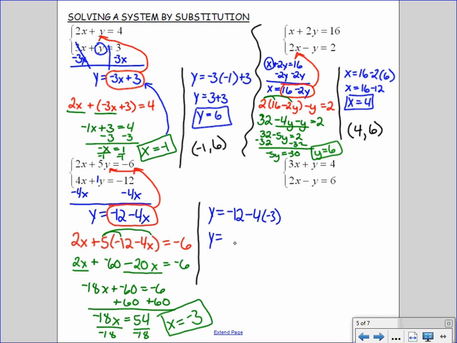So y is equal to negative 12 minus 4 times negative 3 is negative 12. I can change opposite, and we get that y is equal to 0. So our ordered pair is negative 3, 0.